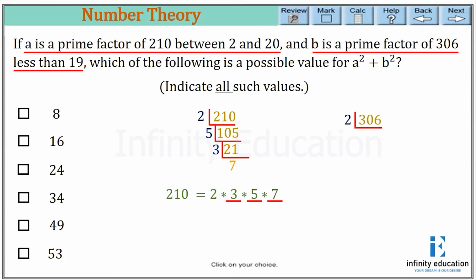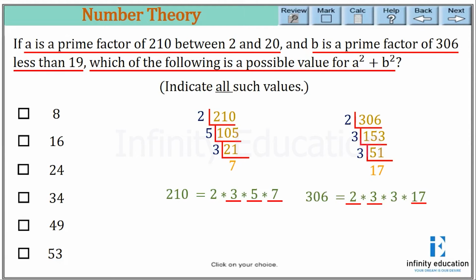Divisible by 2, 153. Then it is divisible by 3, 51. Again divisible by 3, 17. So 306 can be written as 2 into 3 into 3 into 17. Now B is a prime factor less than 19, so I can consider all of them, and 3 is coming twice, so I will consider 3 only once.